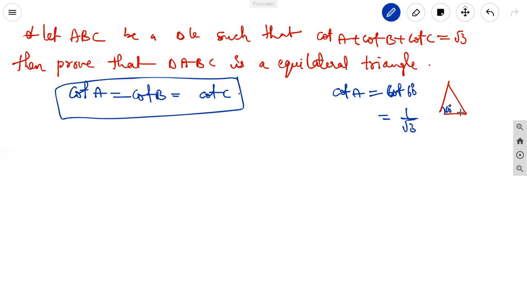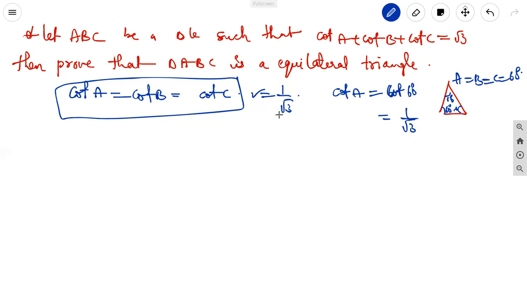Cot A, B, C angles, if all are equal, then it should be an equilateral triangle. That is nothing but A equal to B equal to C equal to 60 degrees. So we can show that cot A equal to cot B equal to cot C equal to cot 60 degrees value. What is the 60 degrees value? 1 by root 3 is the cot value of 60 degrees.